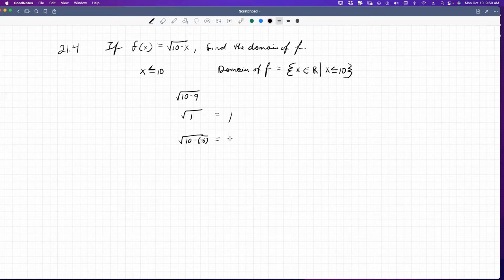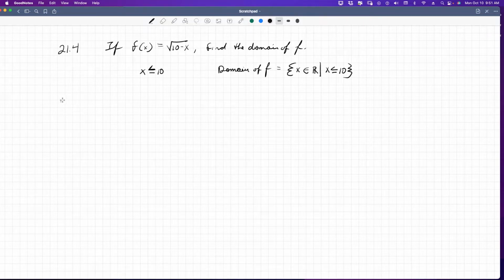So that would be square root of 16, which is 4. So you can use negative numbers, you can use positive numbers and get a response. That is a valid response. And you could even say 10 minus 10 is 0, so the y value would be 0.